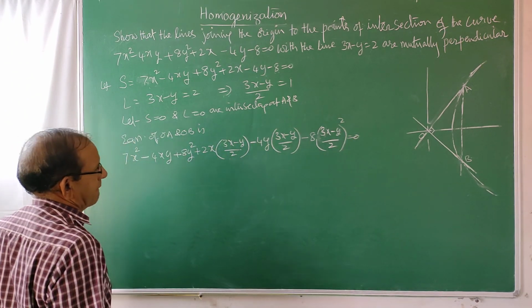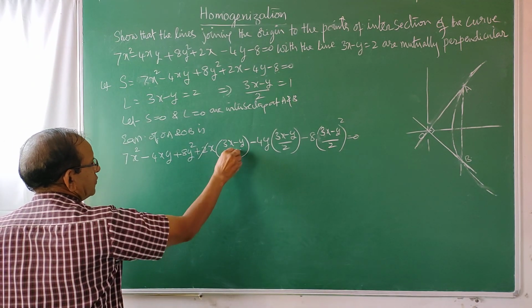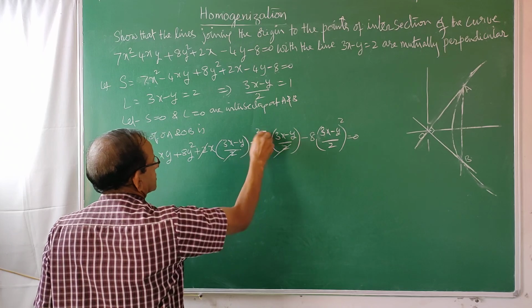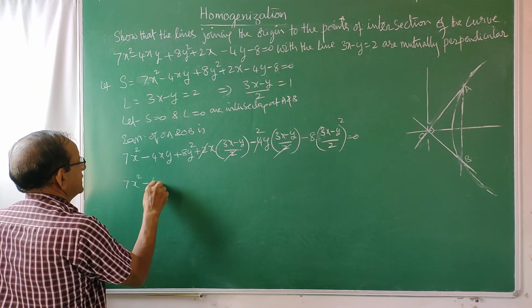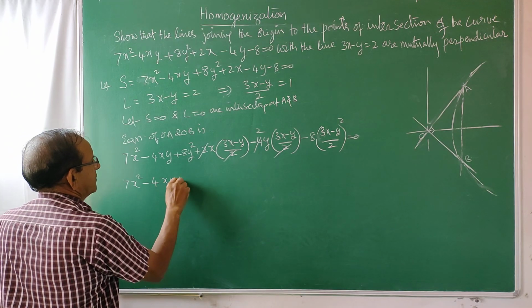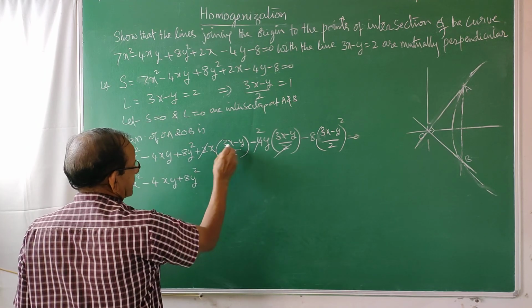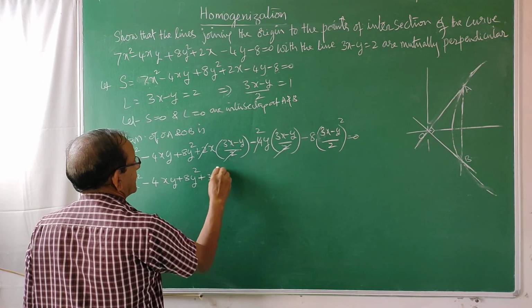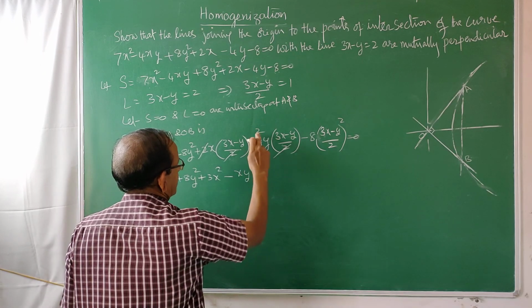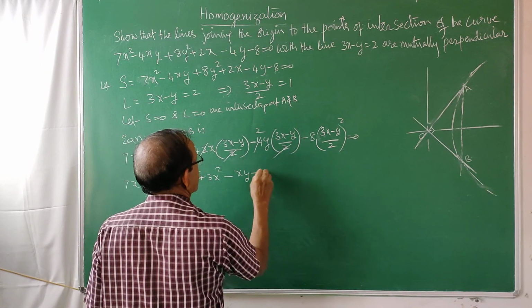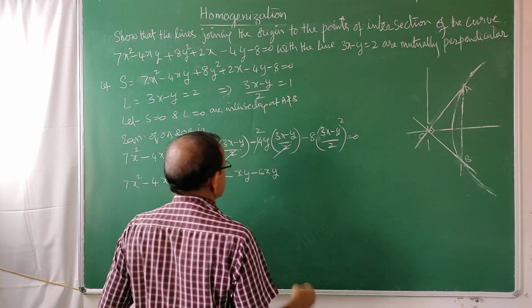So here you can cancel 2. Here also you can cancel this 2. Now this is 7x square minus 4xy plus 8y square. 2 is cancelled, x into 3x, 3x square, minus xy, minus 2y into 3x, minus 6xy, minus 2y into minus y, plus 2y square.